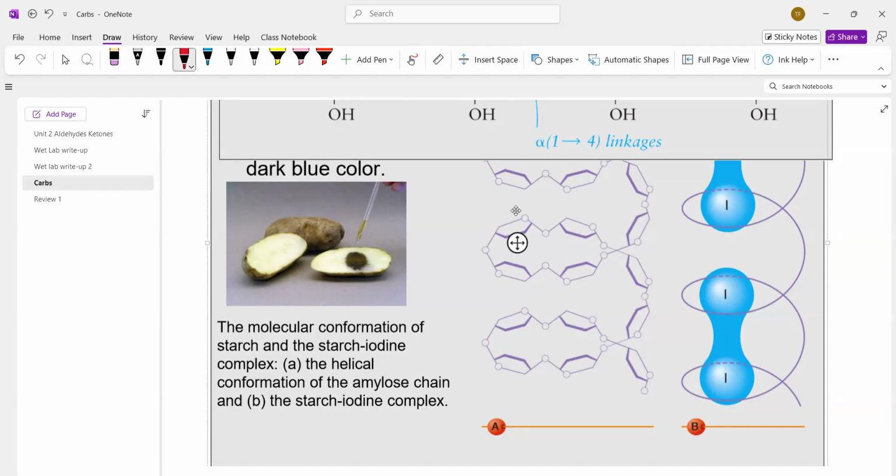You'll see that when we get to DNA and RNA, same thing. The first level of organization is a long string. The second level of organization is a helix. There's pleated and helix as a secondary structure, but with starches, it's usually helix. And the iodine is bound up inside that helix coil.